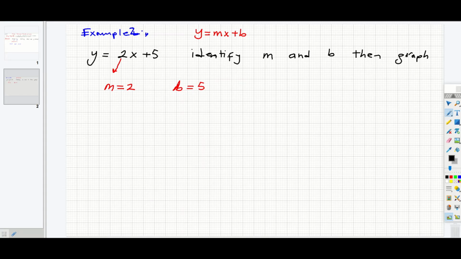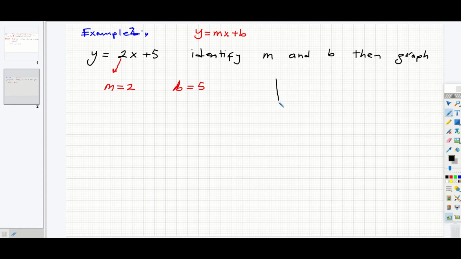Let me try to put it just on the line like this. Oh, too big.